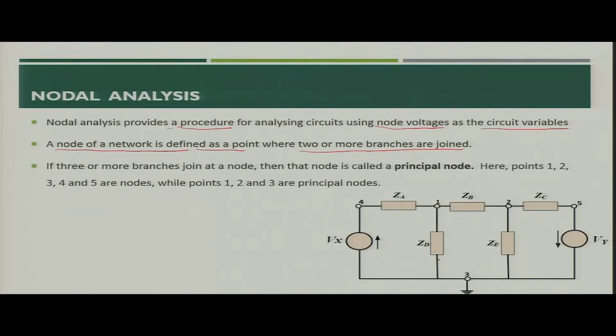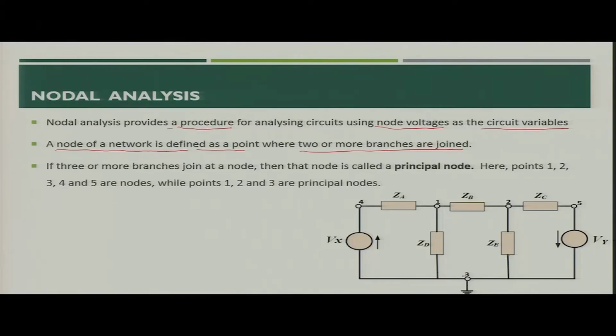Similarly, node 1 joins ZD, ZA and ZB, so node 1 has 3 connections. Node 2 also has 3 connections, that is ZB, ZE, ZC. Node 5 has only 2 connections, that is ZC and VY.